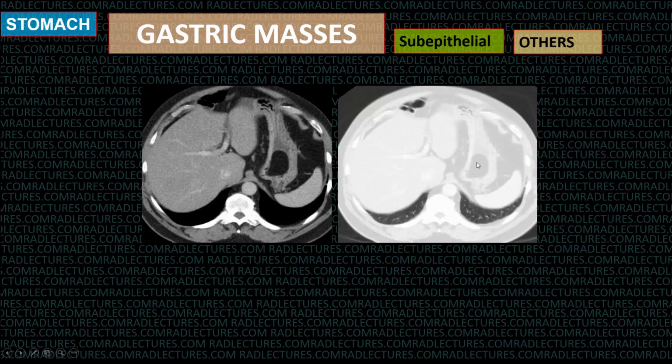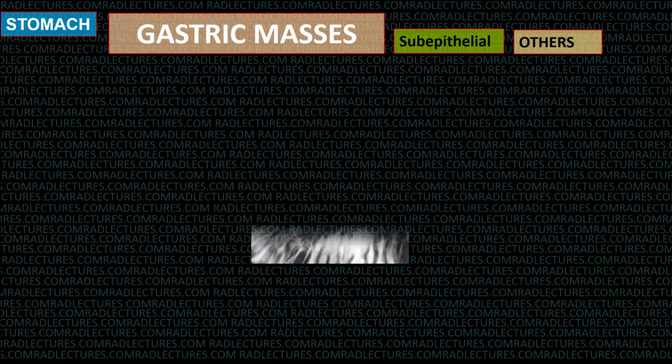So this is a very easy method to differentiate, and that is why we asked you to look at all the abdominal images on lung windows to make sure that you're not missing the presence of air. But it also helps you differentiate between fat and air. So this is a lipoma. Lipomas can be asymptomatic, or they can prolapse, particularly if they are in the antrum. They can prolapse into the duodenum and cause obstructive symptoms.